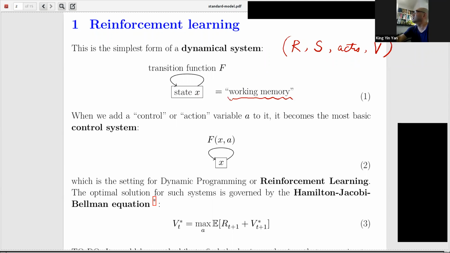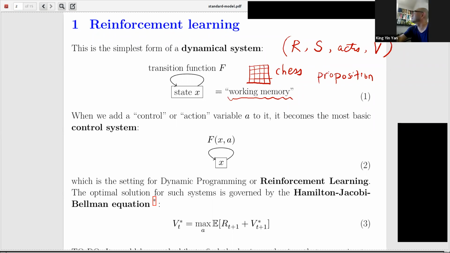So whatever defines the state of the system, for example, it can be the chessboard, right? If you play chess, then the working memory, the state, is the chessboard. But for AI, it can be a set of logic propositions that define the current state.